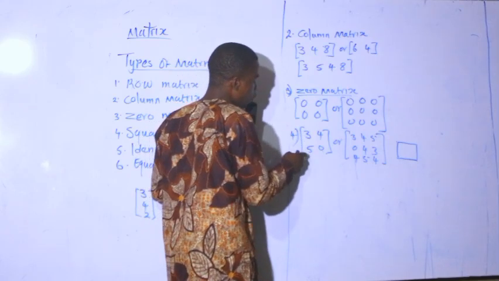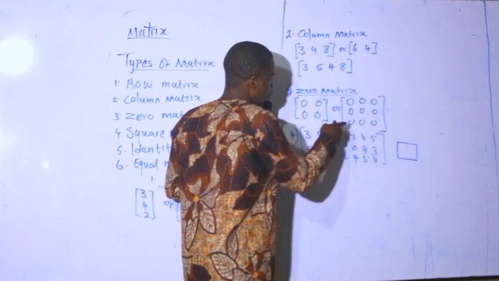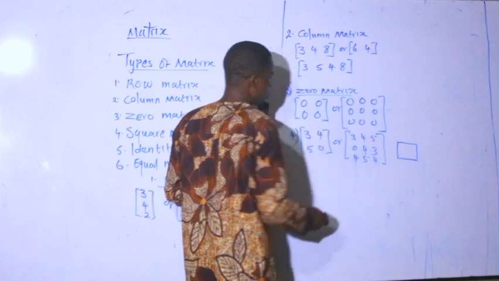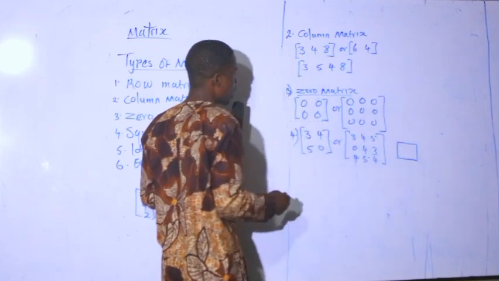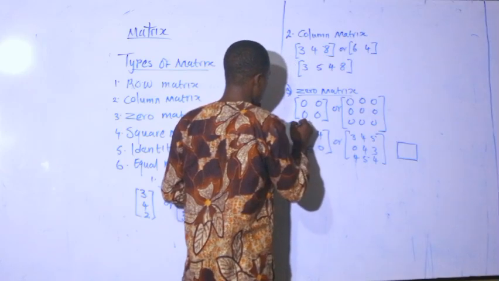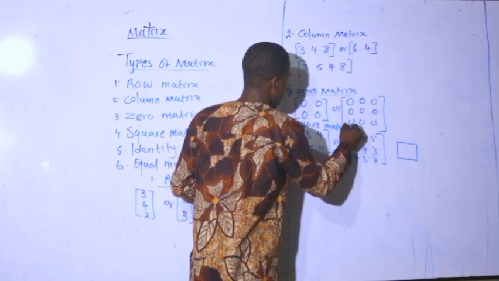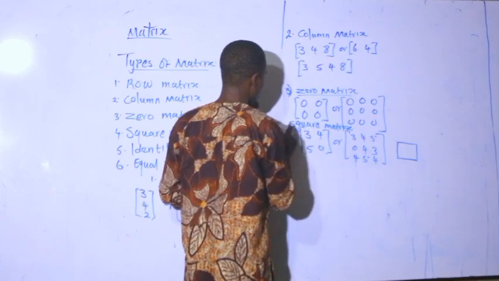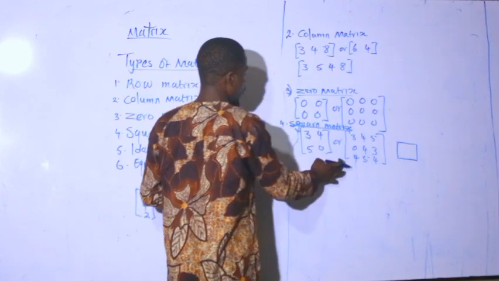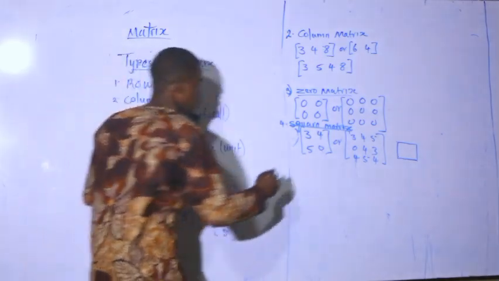They are the same as the rows, 1, 2. 1, 2, 3 in the row, 1, 2, 3 in the column. Look at that, it's a square. They call this one square matrix. By 4, call it square matrix.